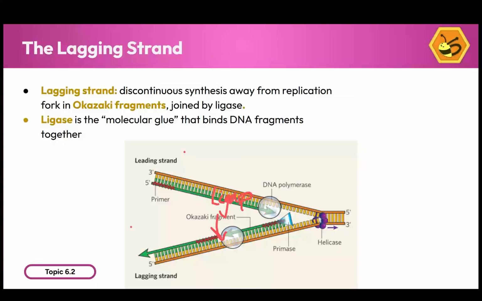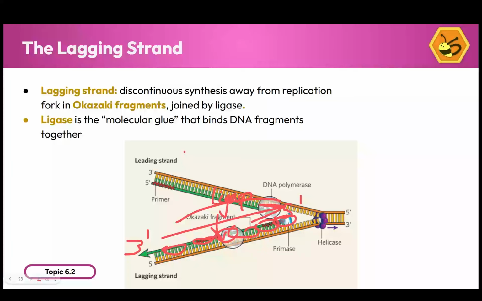Wait, sorry, am I understanding your question correctly? 3 prime at the bottom, you're talking about this? Is it jumping backwards? Well, in theory, yeah, it's going to 5. In theory, these primers will prime this part first, then this part next, and this part next, this part next, this part next.